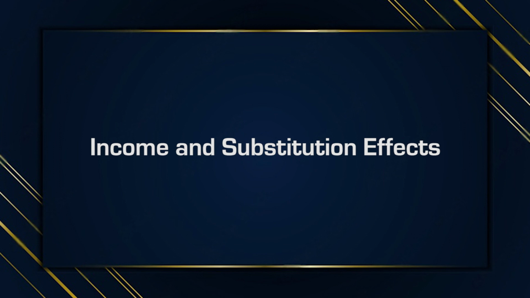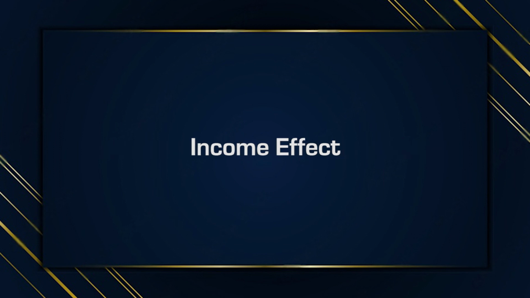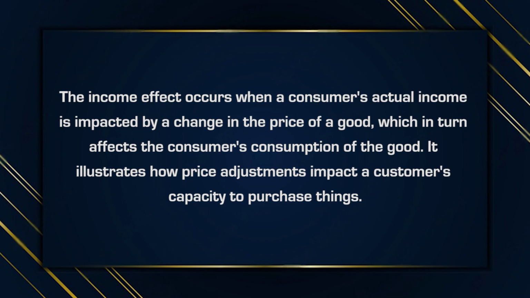Income and substitution effects. Income effect. The income effect occurs when a consumer's actual income is impacted by a change in the price of a good, which in turn affects the consumer's consumption of the good.